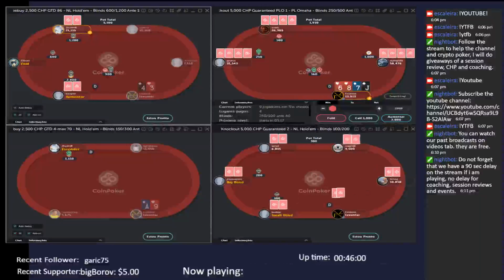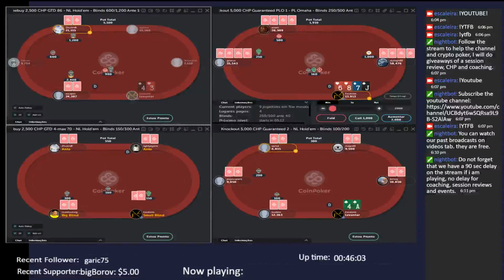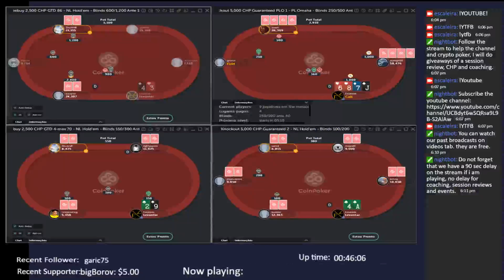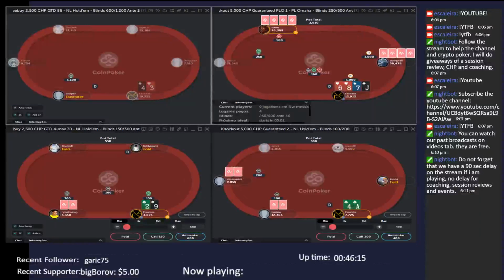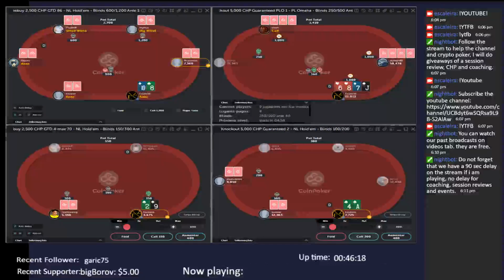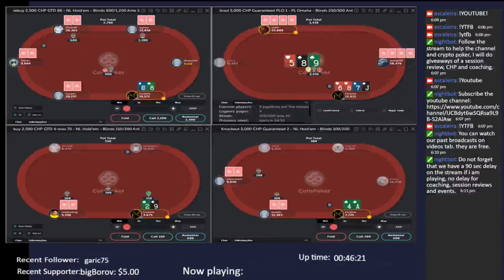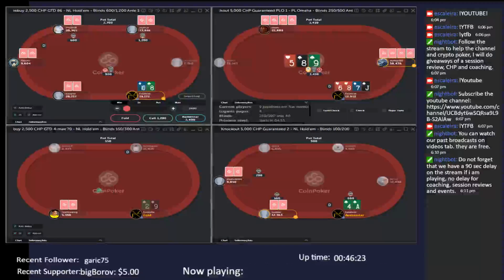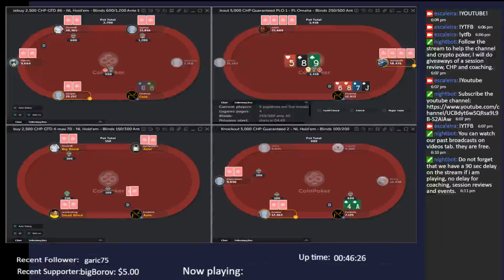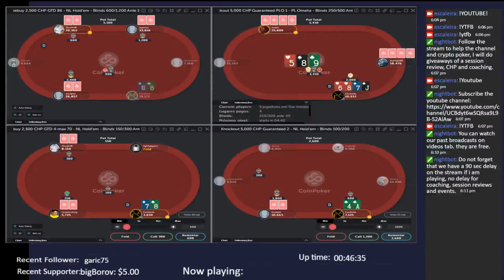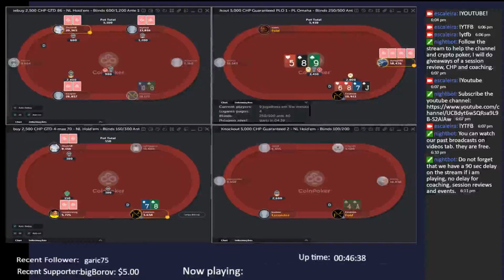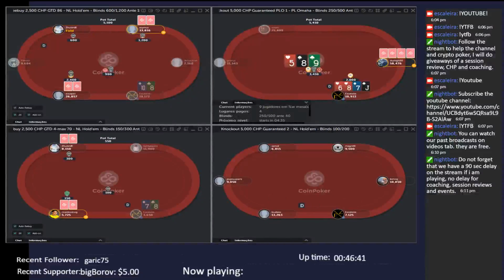I'm now having this call to the big stack with this hand, and the jack is a little bit out of the hand. But we do make a straight on the flop, and we just want to make this pot get bigger and bigger and bigger.